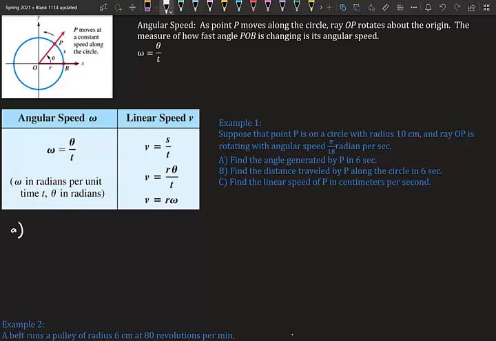So let's find the angle generated by P in 6 seconds. In A, we need to find the angle generated when we're given a few things. We have the radius, and we have angular speed of pi over 18 radians per second.